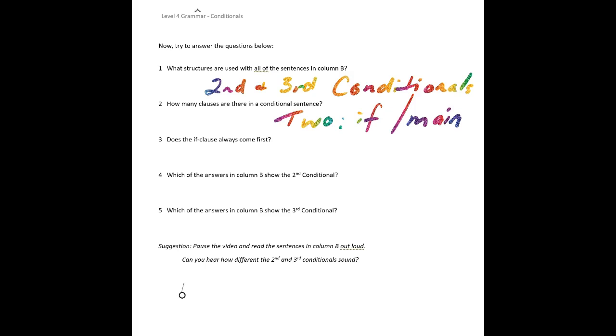Does the if clause always come first? We said that the answer is no. Which of the answers in column B show the second conditional? Go back and look if you like. It's the first three. And which of the answers in column B show the third conditional? It's the second three.